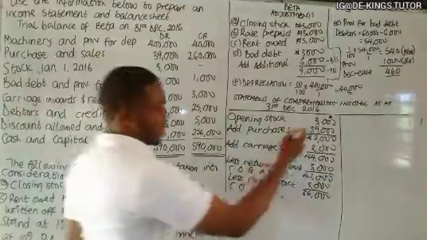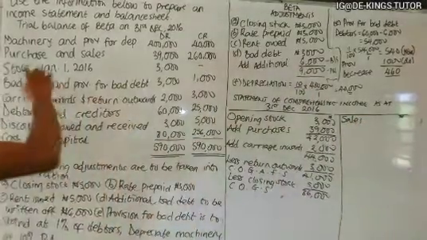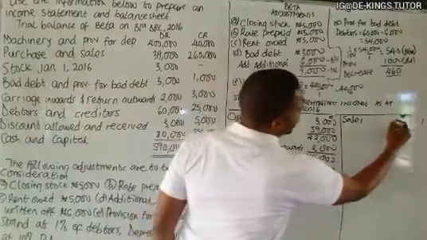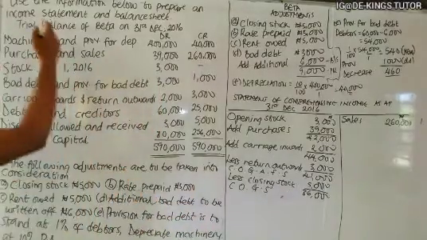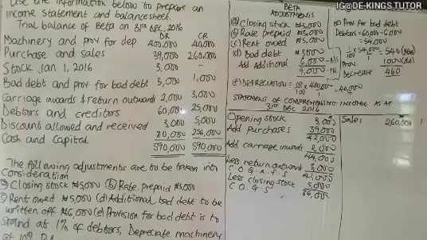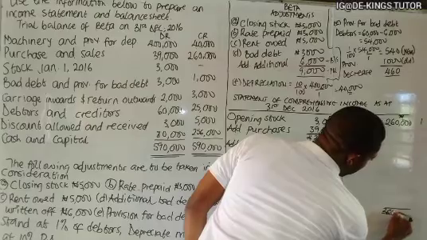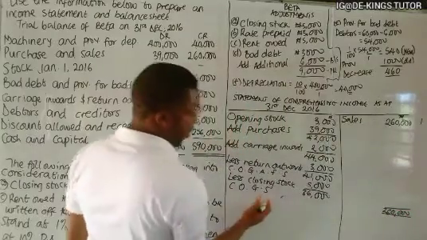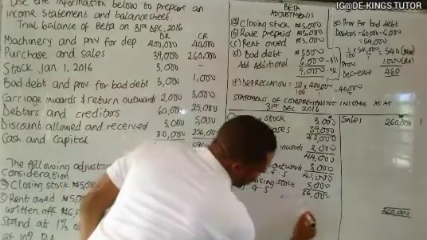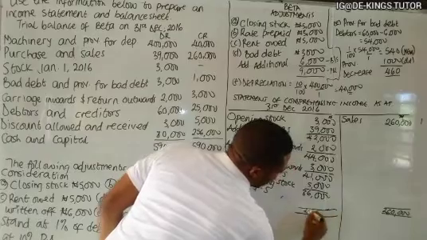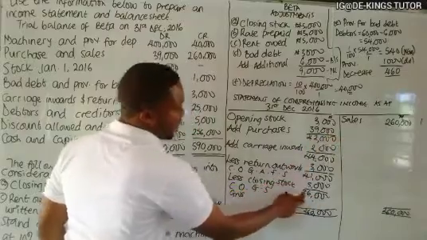Okay? So at the right hand side, we'll have our sales. Now we'll check here if there is sales. Sales is 260,000. Now we'll check if there's return inwards. If there's return inwards, there is none. Okay? So we have our sales as 260,000. Now our sales minus cost of goods sold will give us our gross profit. So our gross profit means 260,000 minus 36,000.